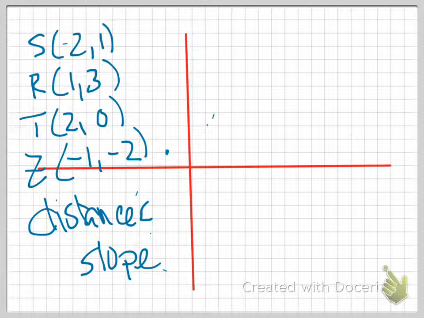Oh, there you go. You only got one dot up to this. Where's your dot way down in the fourth quadrant? Negative 2, 1; 1, 3; 2, 0; negative 1, negative 2. That's atrocious. I don't like this. I don't like writing on my face.